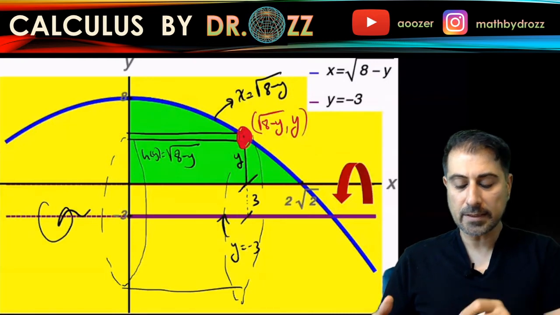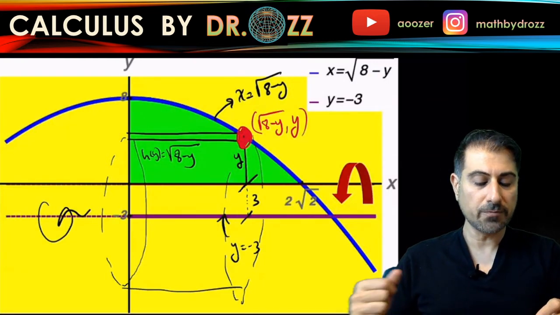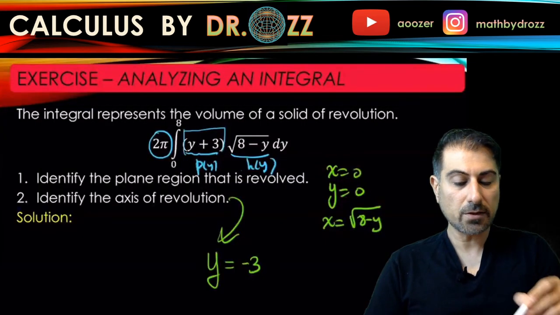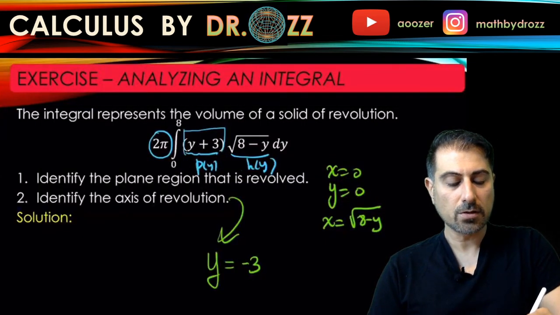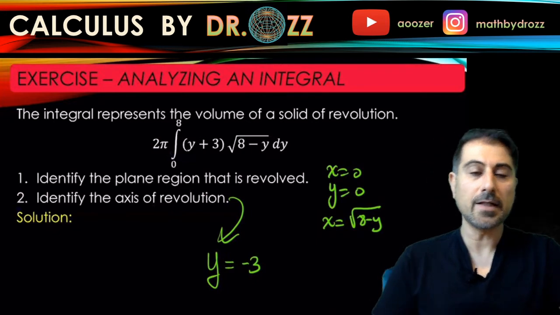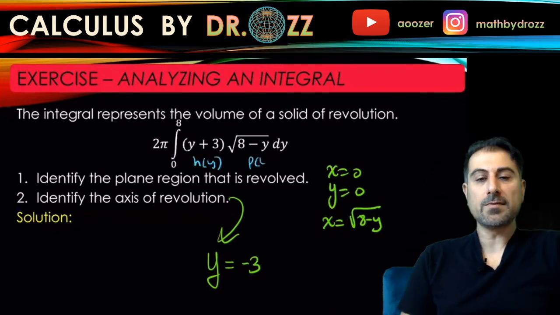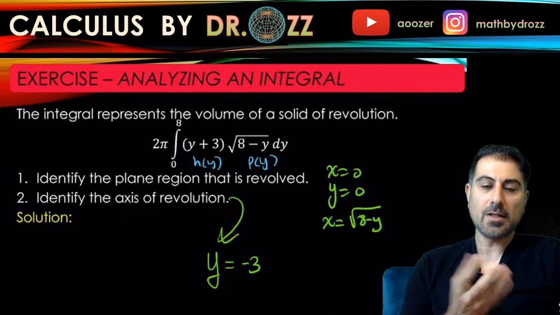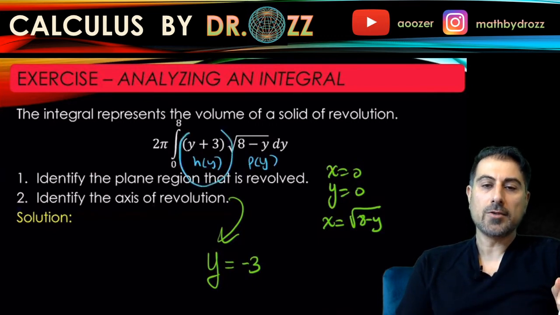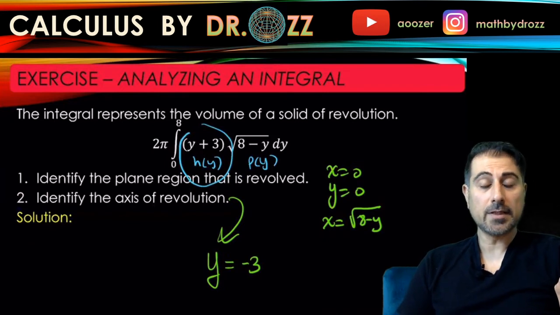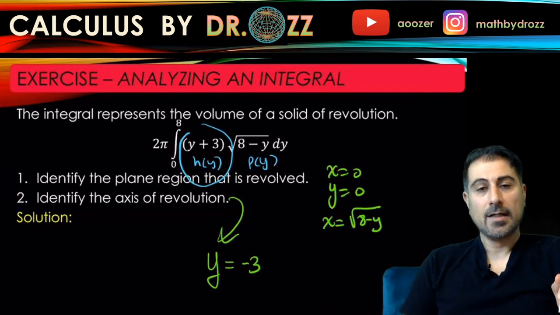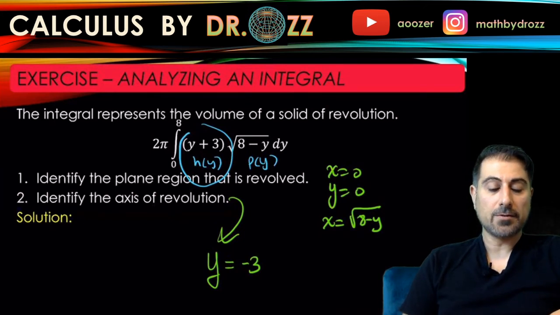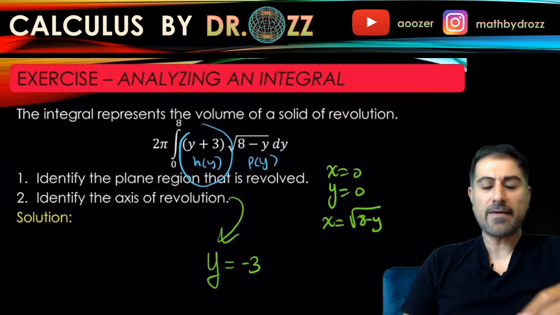You can think about the other scenario, but that's probably not going to work. What I'm trying to say is, you can consider this one to be h and this one to be p of y. But when the axis of revolution is horizontal and you're using the shell method, this is probably not going to work, because you have to label something like y, the distance from the slice to the x-axis, and that determines the radius.